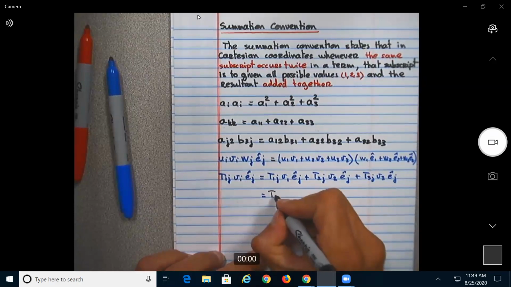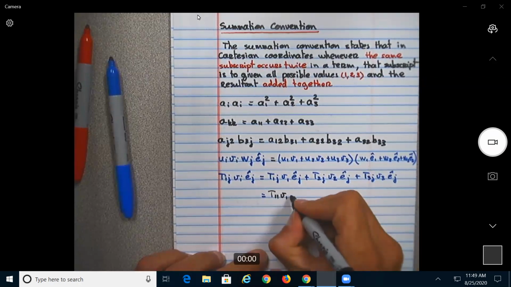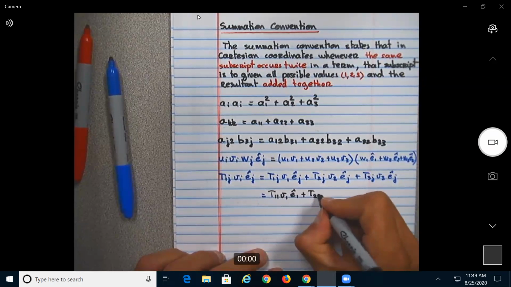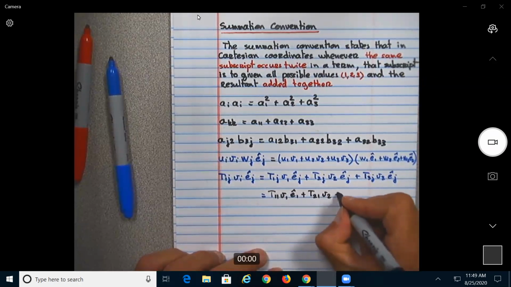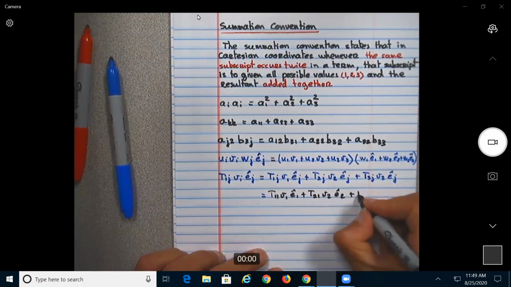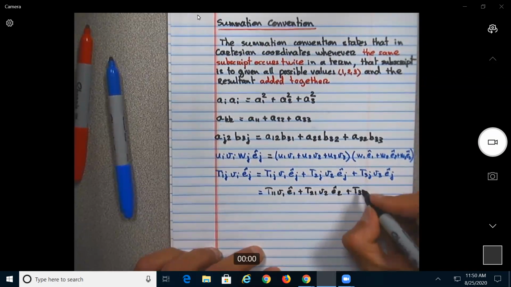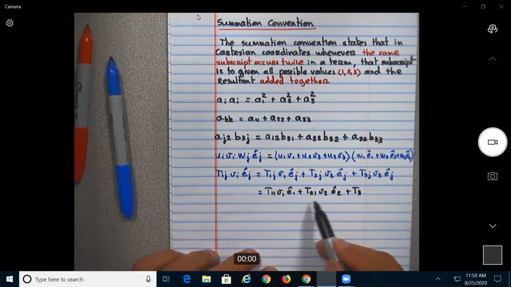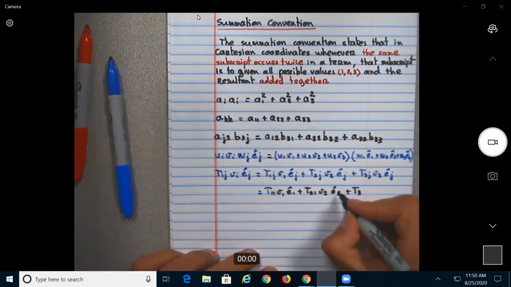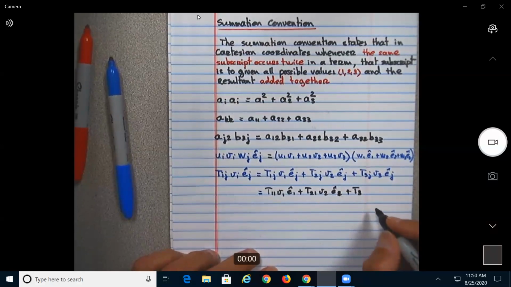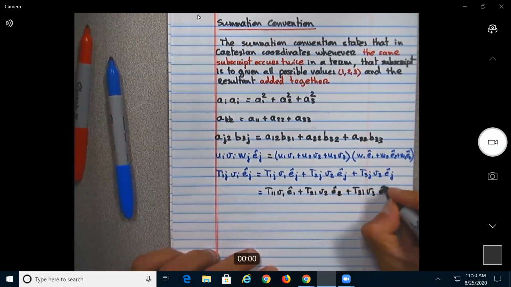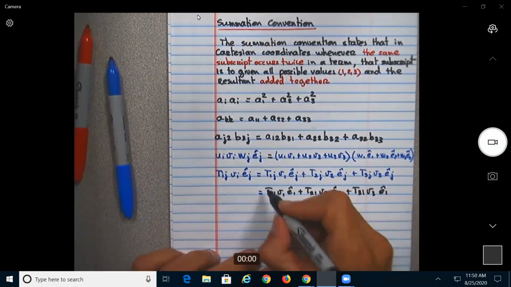It will be T_11 V_1 E_1 plus T_21 V_2 E_1, correct? Plus T_31 V_3 E_1. This would be the first term.